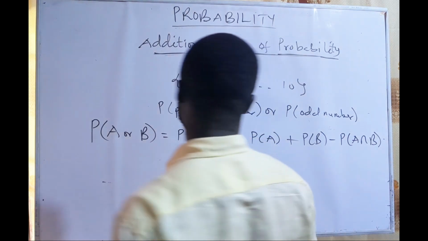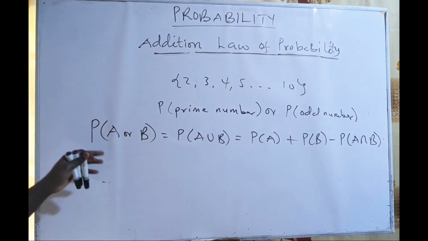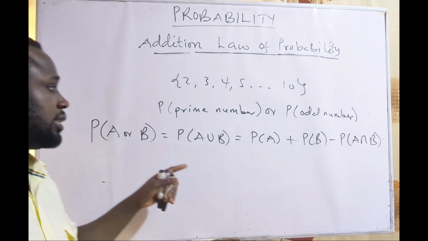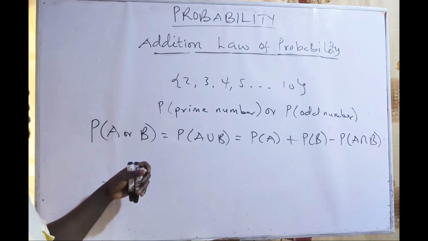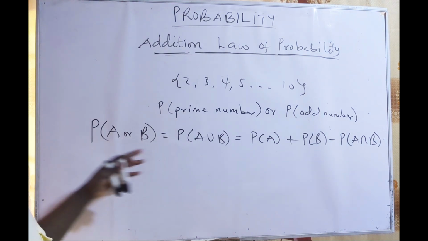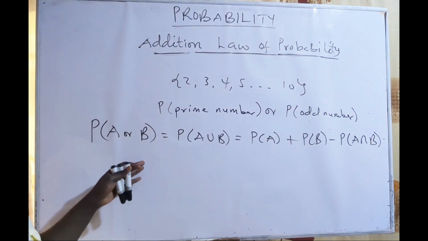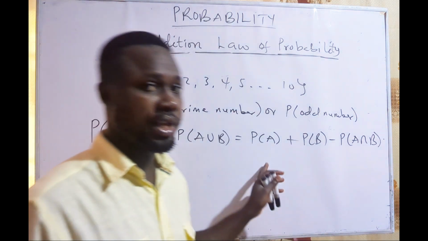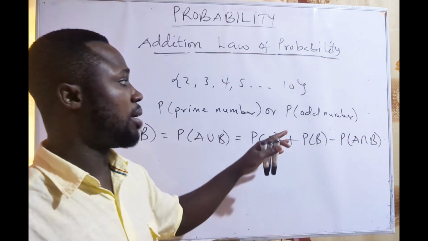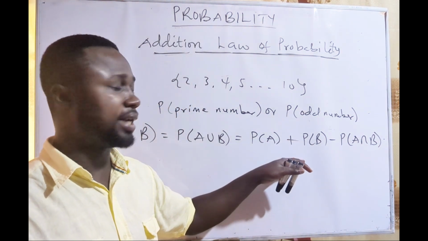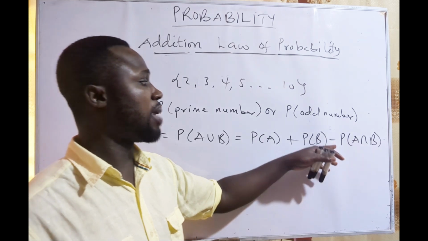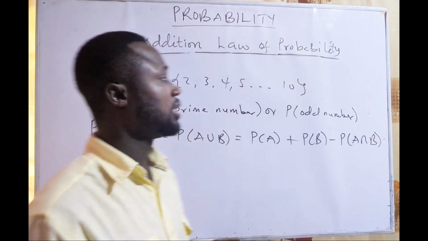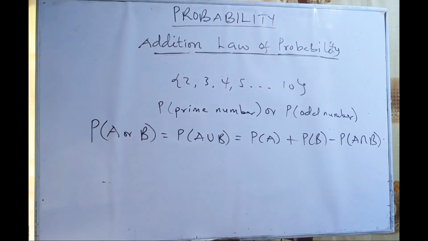So with the addition law of probability, the probability of either A or B occurring is the probability of A, where the 'or' means we apply addition, plus the probability of B minus the probability of both events occurring.